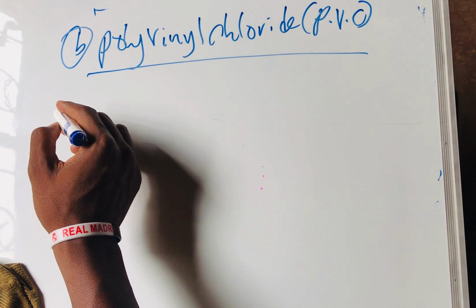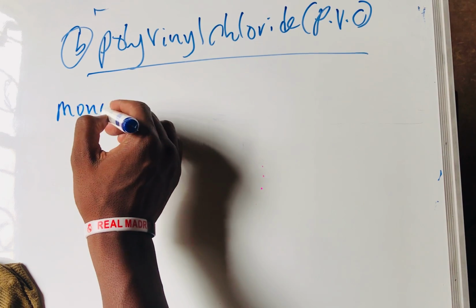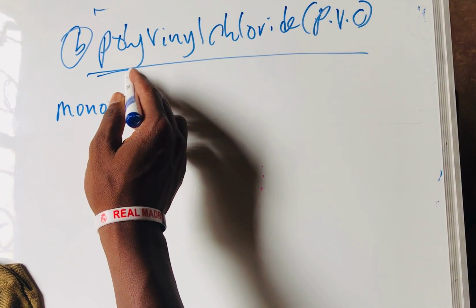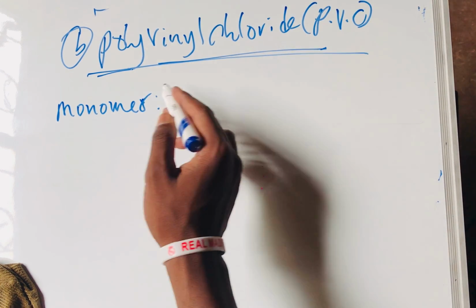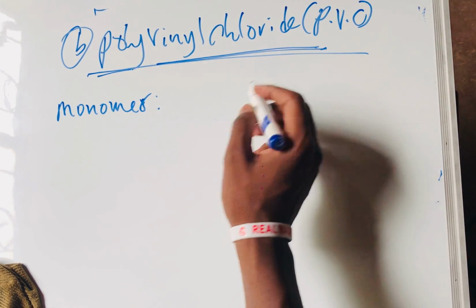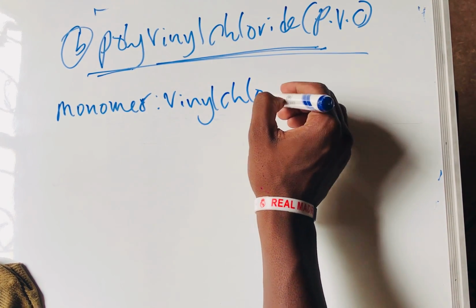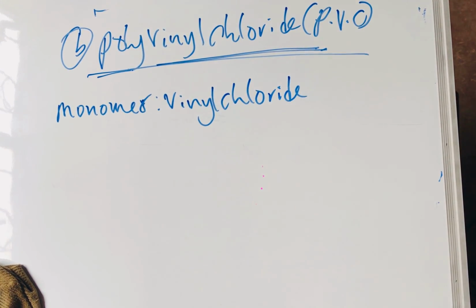What is the name of the monomer? So polyvinyl chloride. So the name of the monomer is vinyl chloride.